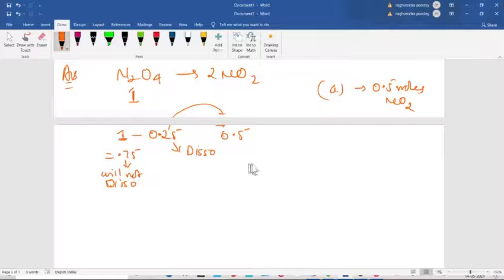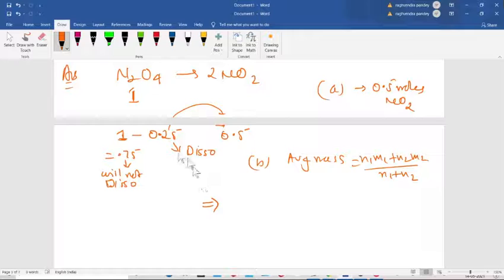So in B, average mass, what is the formula? (N1 M1 + N2 M2) upon (N1 + N2). So that is your average mass. Here let's take N1 as N2O4 and N2 as NO2.